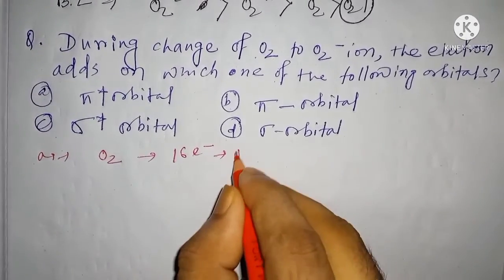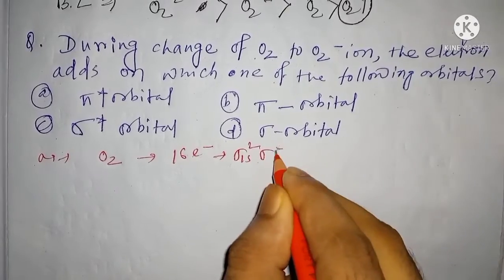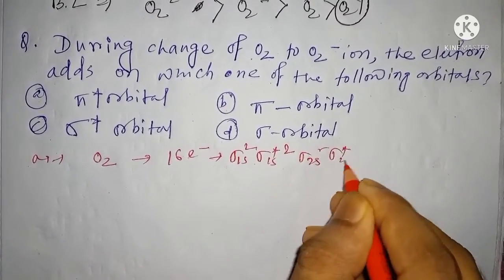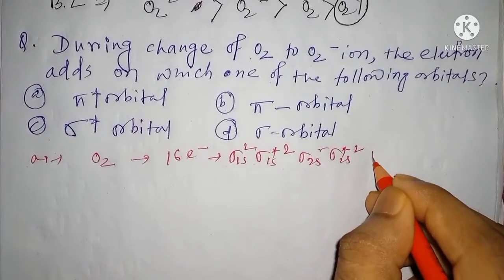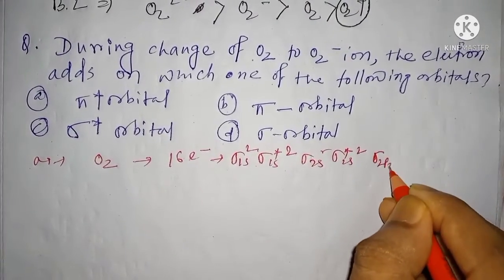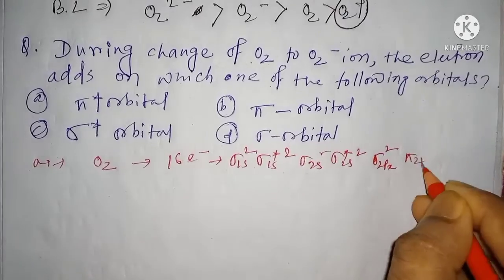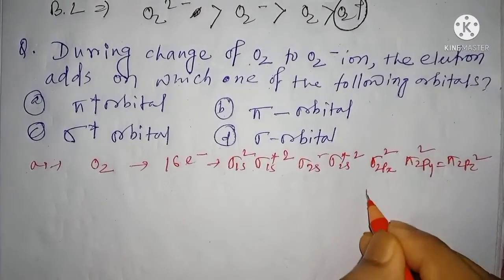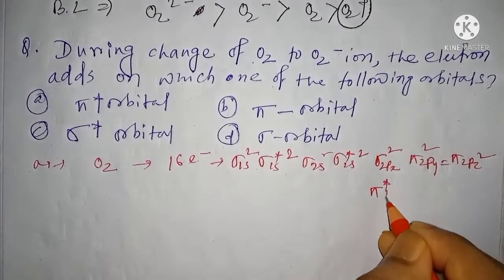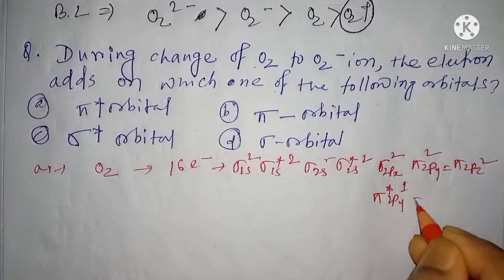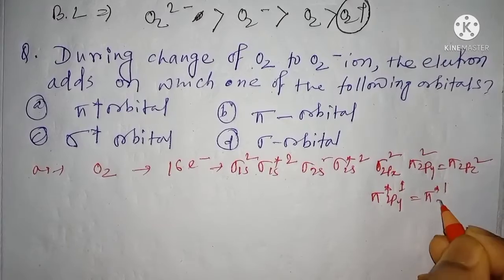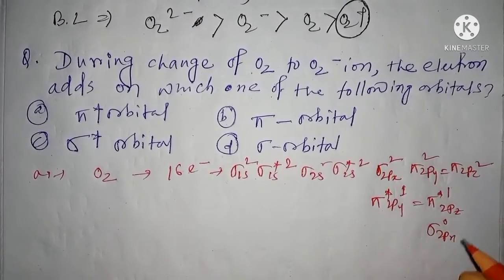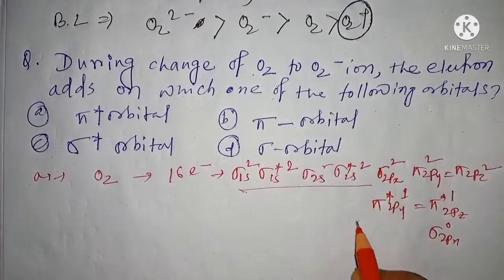So σ1s2, σ*1s2, σ2s2, σ*2s2. Then σ2px2, π2py2, π2pz2. Now then π*2py1 and π*2pz1 and σ2px0. Now this is a 16 electron species.